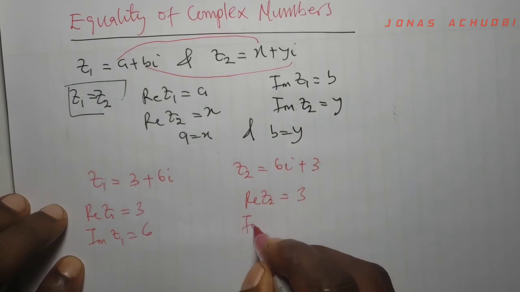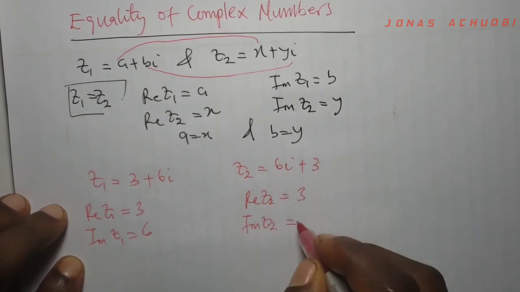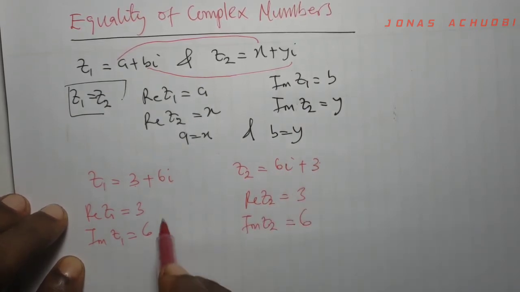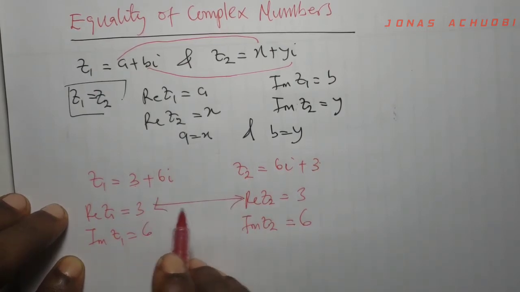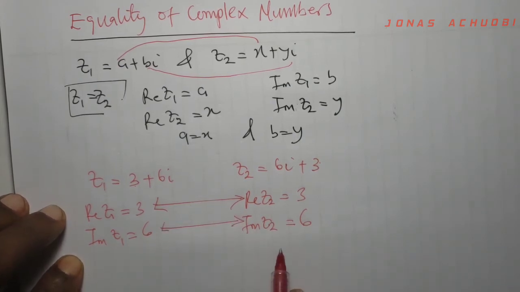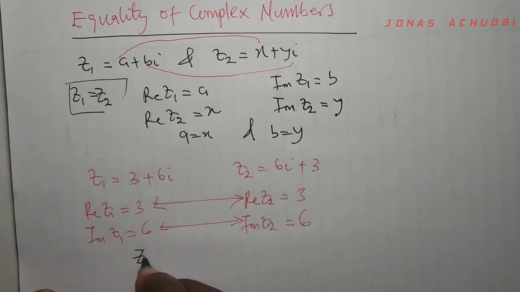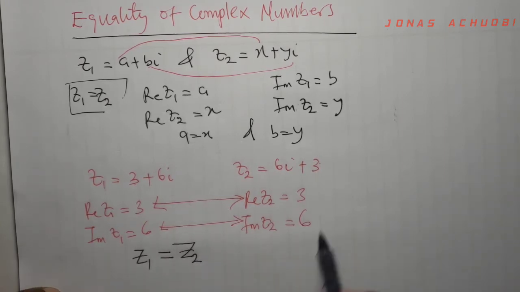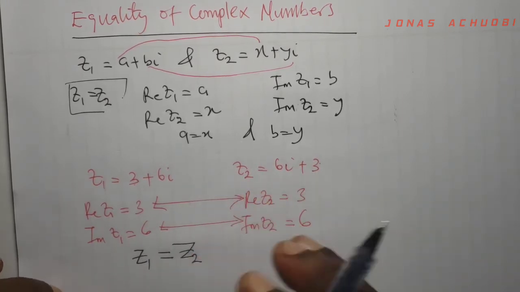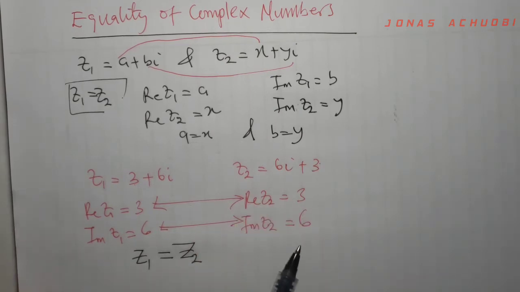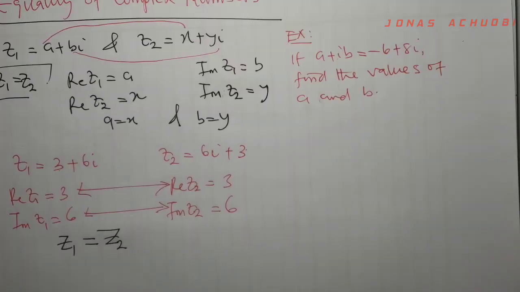And the imaginary part of complex number z2 is also 6. So what do you see? They have the same real parts, and they also have the same what? Imaginary parts. Since the imaginary parts and the real parts are the same, we can now write that complex number z1 is equal to complex number what? z2.